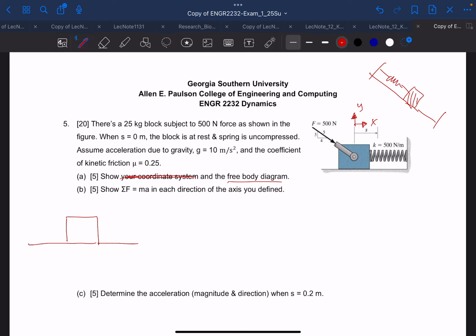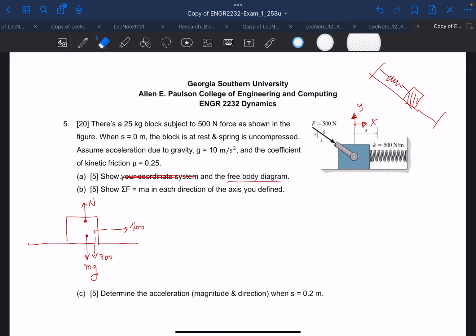And of course we have mg, and we have the normal force, and then we have that force being applied, 500 Newton, and this was that 345 angle, so this is actually 400 and this is 300, right?